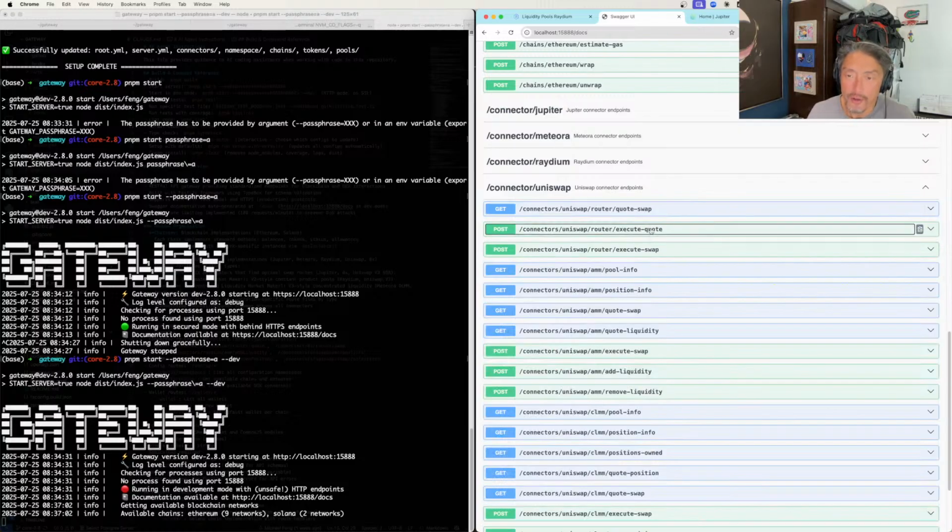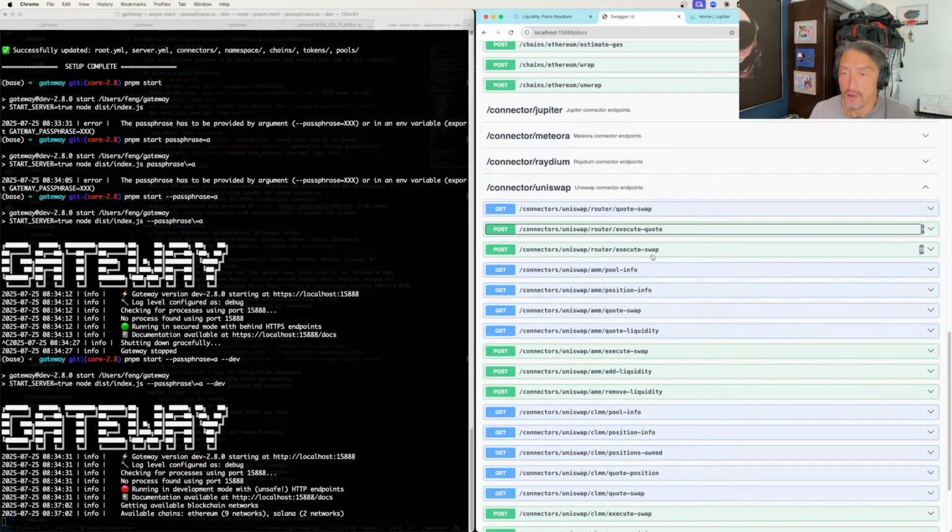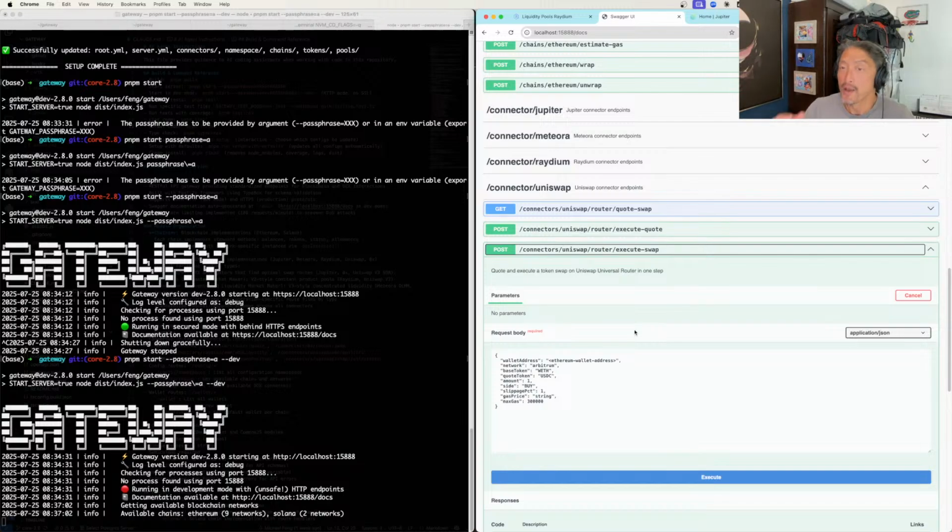Then there is execute quote, where you take the quote you have and execute it to do a trade. Finally, there's an execute swap endpoint, which combines the first two: it fetches a quote and executes that quote in one single call.